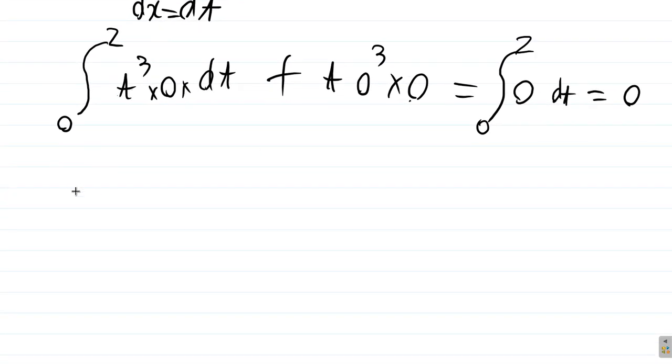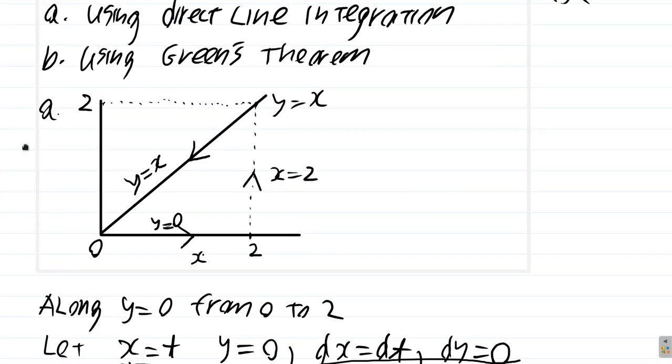The next part now. Along x equal 2 from 0 to 2. It goes up to 2.